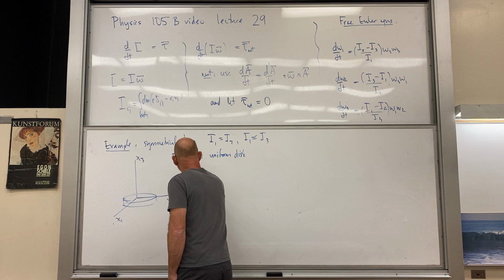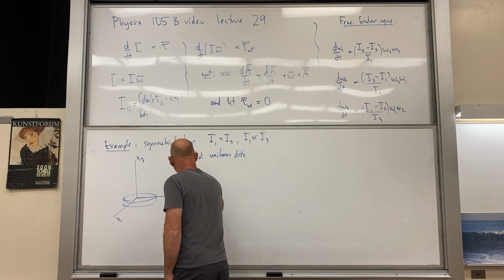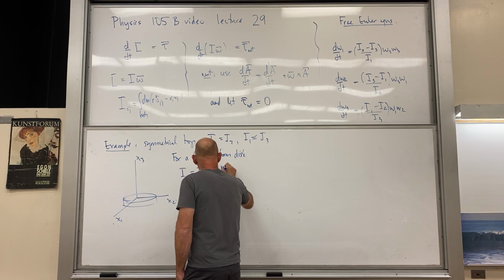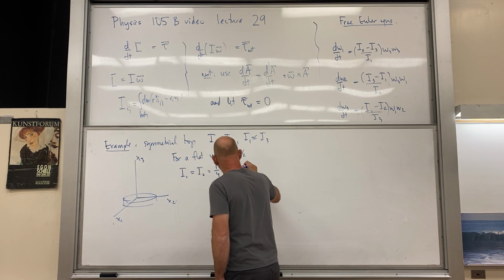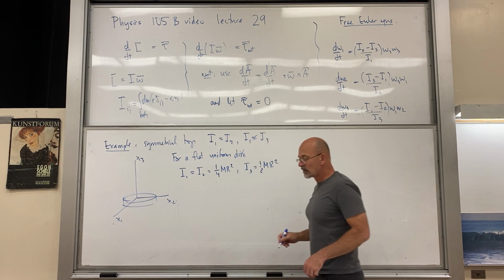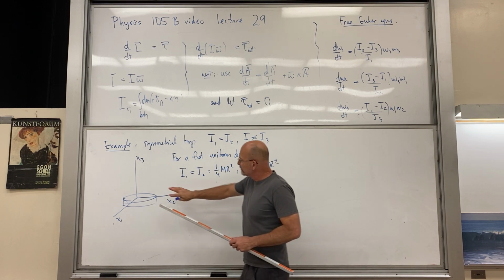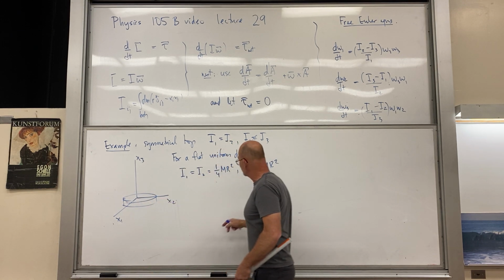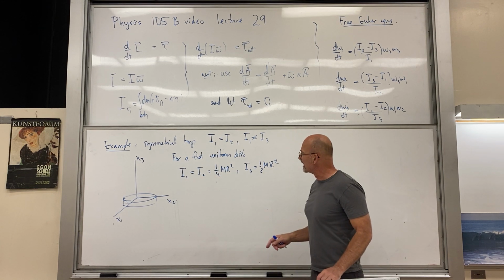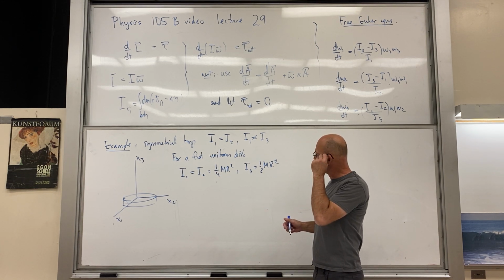So we have I1 equals I2 equals a quarter mr squared. I3 is the one we're used to, 1/2 mr squared. So even if it's not a perfectly flat disk, as long as it's flat enough, we know that I3 will be greater than I1 and I2. We're going to make use of that just to have a good concrete example.